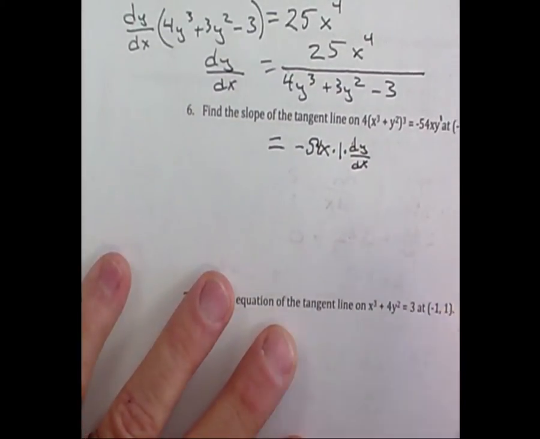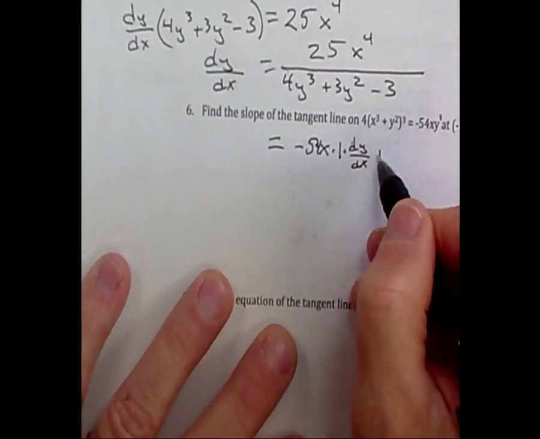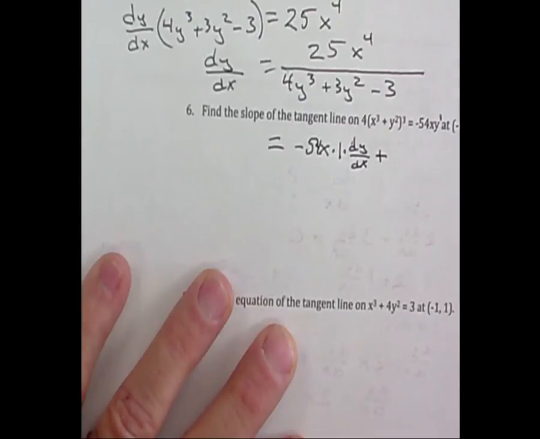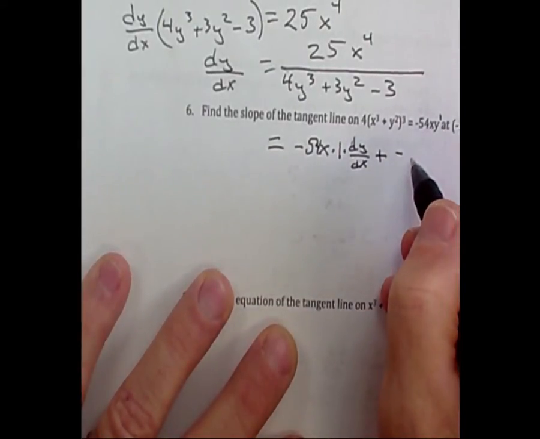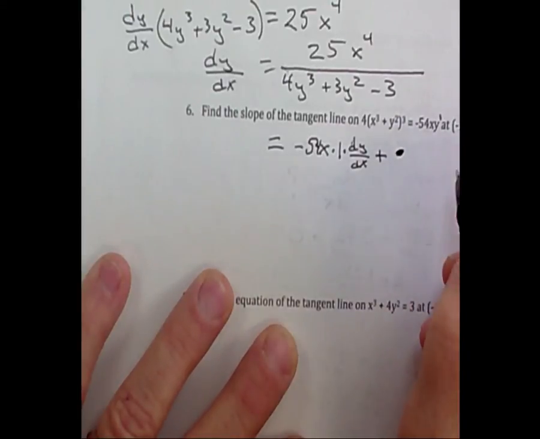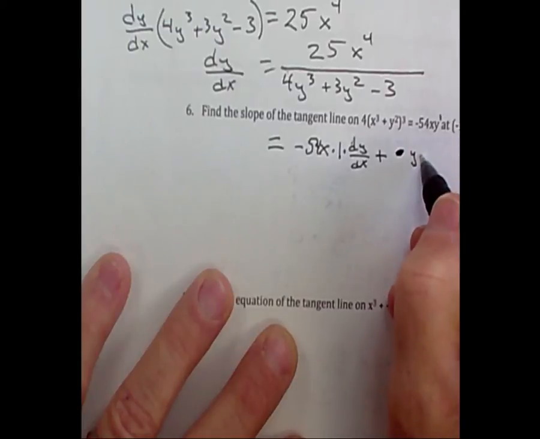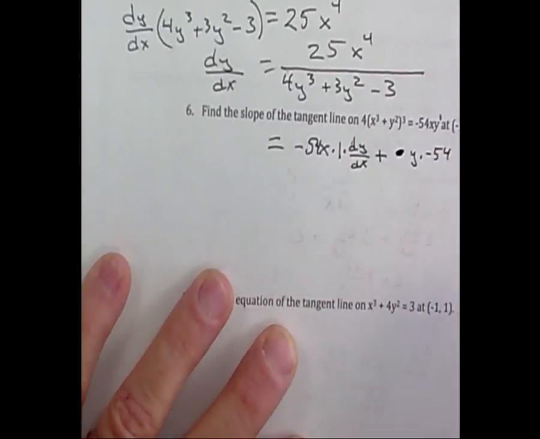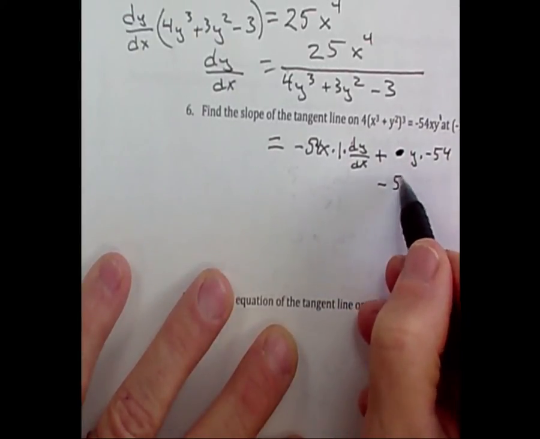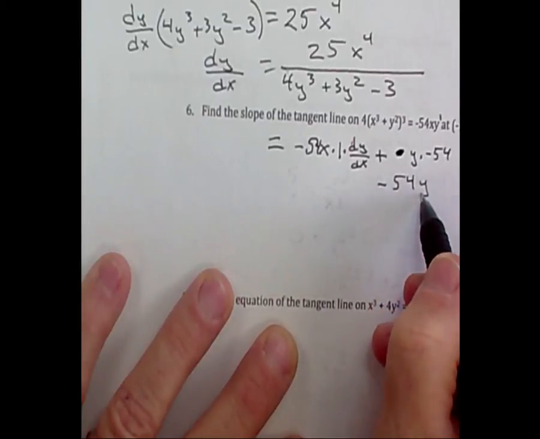Okay, and now you're going to have plus, because it's the product rule. And you're going to have what? y times negative 54. So can I write that as minus 54y? Yes, correct.